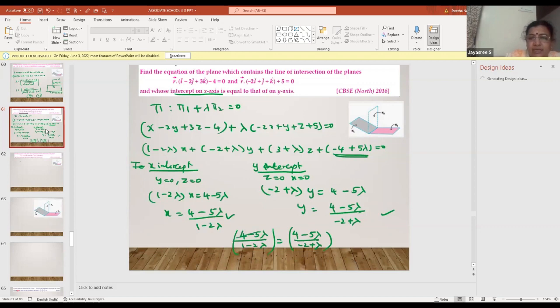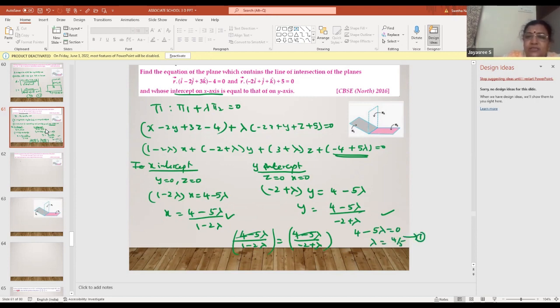Here another most important concept: when we cancel these two parts, that will be a solution. Suppose they are equal, you get cancellation, if they are not 0, you cancel being the same number. Suppose they may be equal to 0, left-hand side equal to 0, right-hand side equal to 0 will come. So 4 minus 5 lambda equal to 0, lambda is equal to 4 by 5 is one solution.